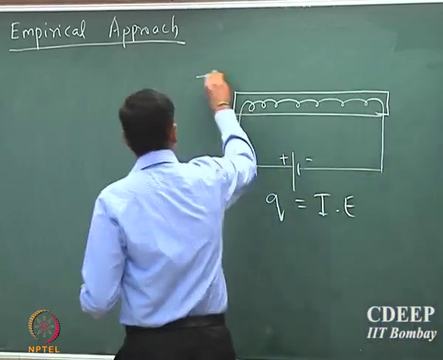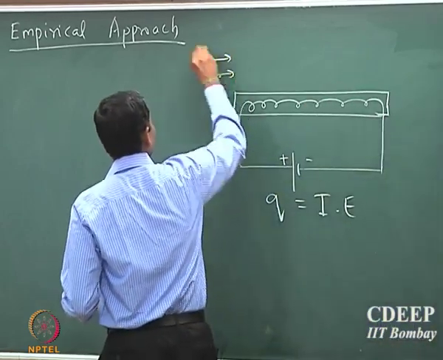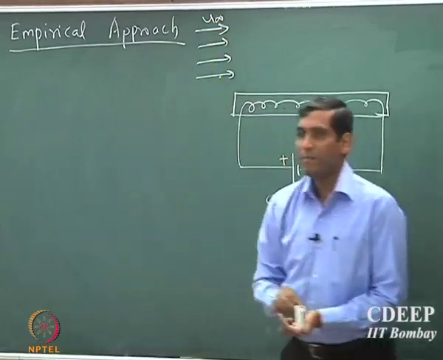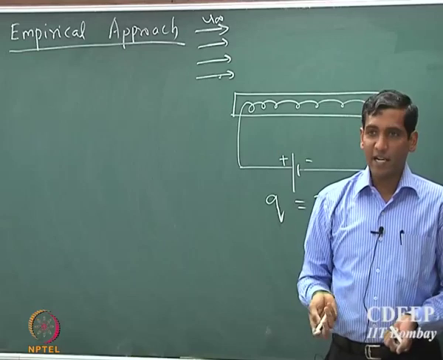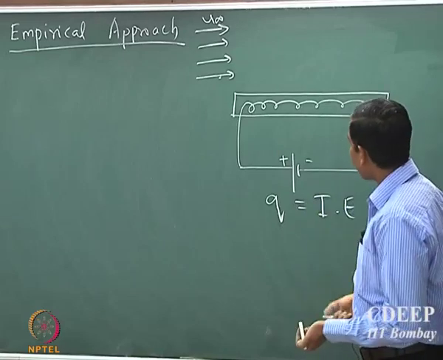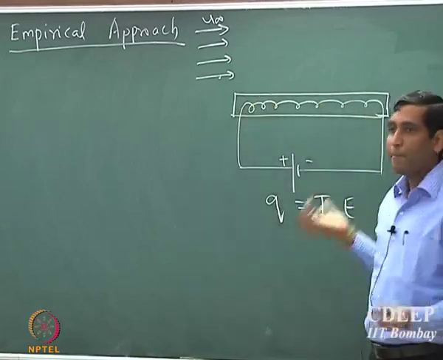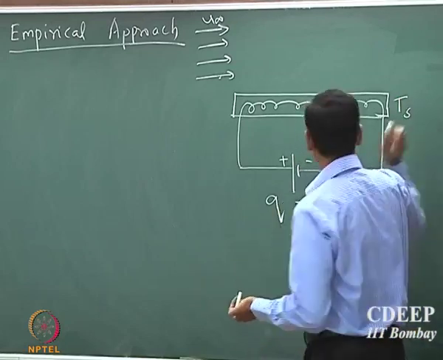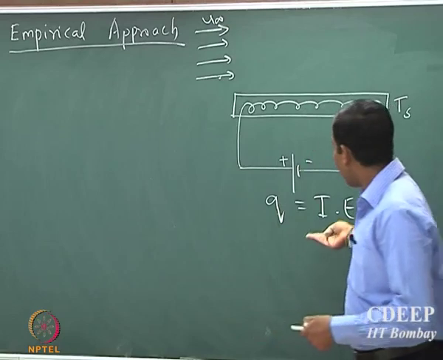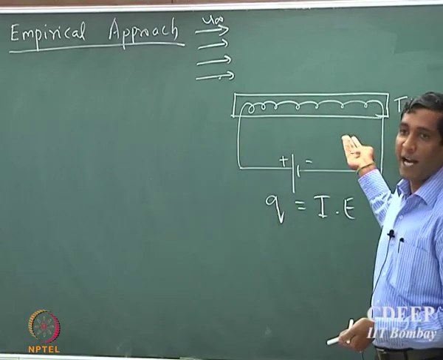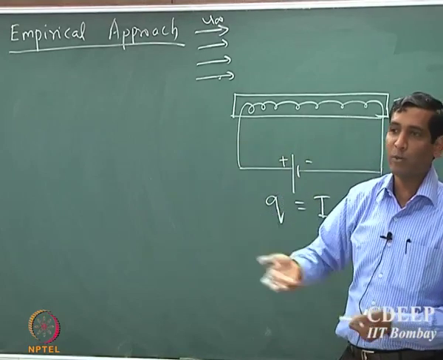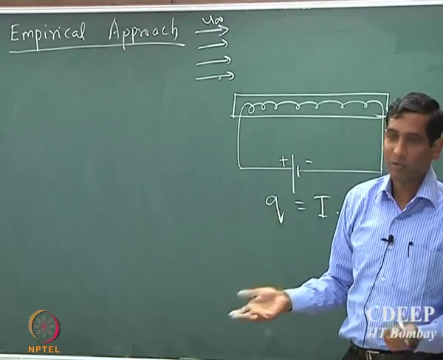But supposing there is a fluid which is flowing past this flat plate at a certain velocity, okay. Now, at steady state, you expect that we should maintain the temperature of the flat plate, okay. So, let us say that the temperature of the flat plate is maintained at Ts. So, the amount of heat that is supplied to the flat plate is controlled in such a way that the temperature of the flat plate is maintained at temperature Ts, okay.